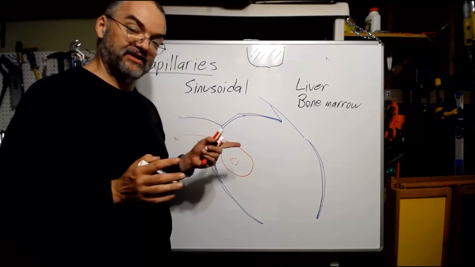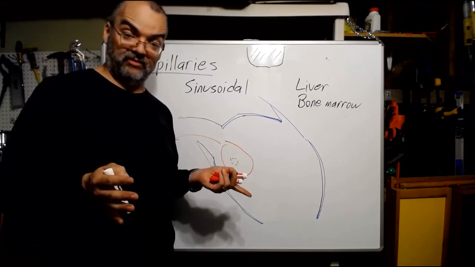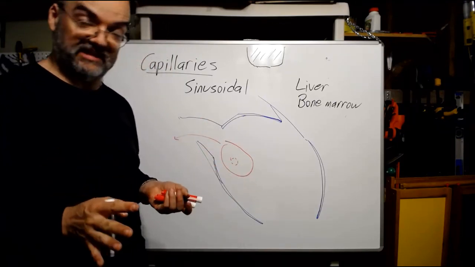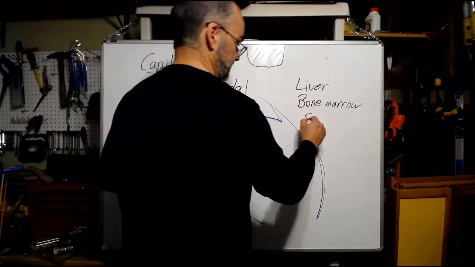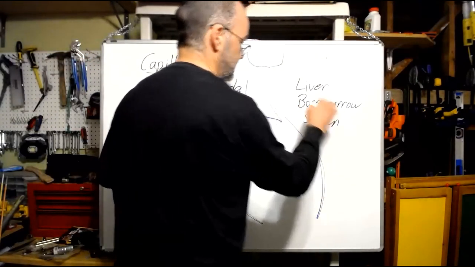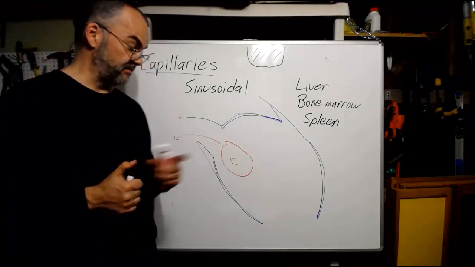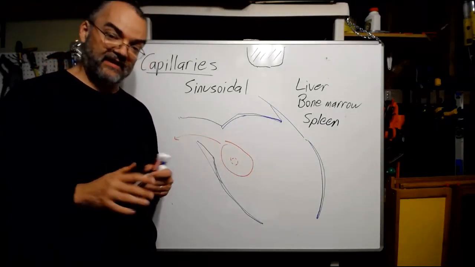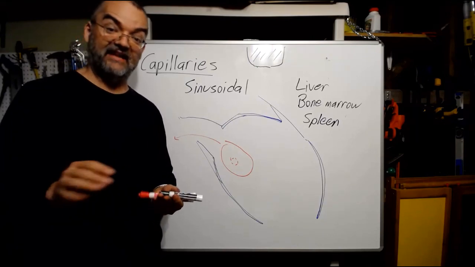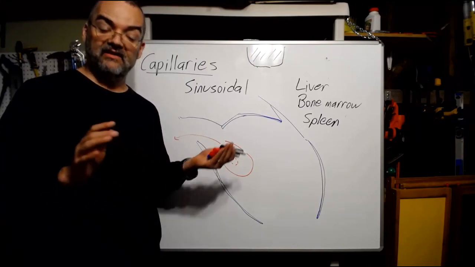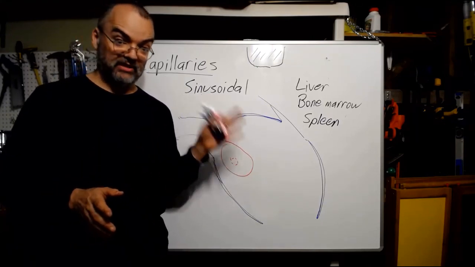And finally, a place where we want to be able to get rid of red blood cells, the place where we get them out when they're dying, the spleen. These 3 areas tend to have sinusoidal capillaries, which allows them access to everything in the blood, including proteins and the cells themselves. So that pretty much covers blood vessels.